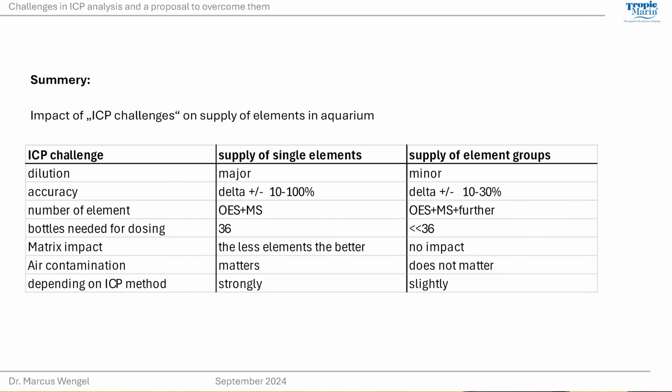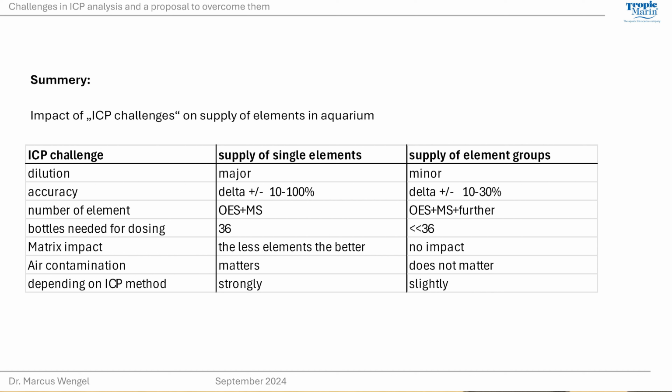The impact of ICP challenges on the supply of elements in your aquarium: dilution, as I said, is a major problem when you dose each single element. You have to measure each single element, and it's a major problem when you dilute it. It's a minor problem if you supply with these element groups.